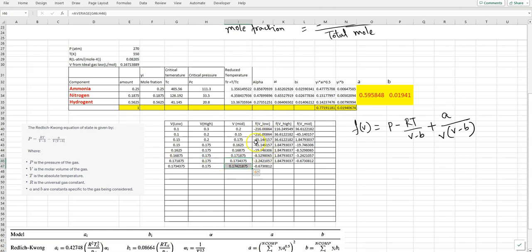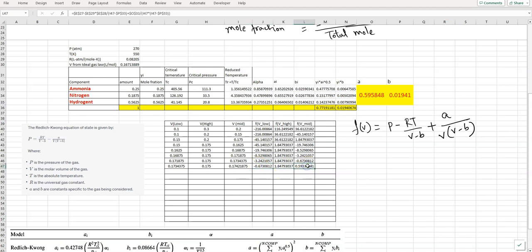Now that is 0.175, so you can see that. Now this value is narrowing and narrowing. This is negative and this is positive.